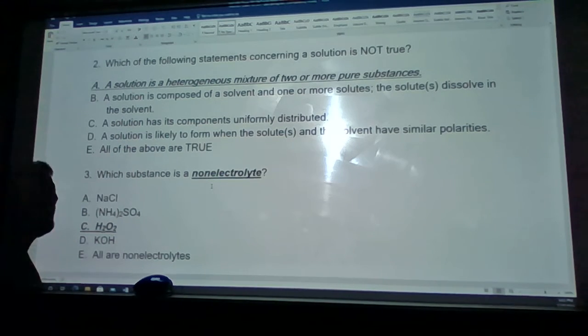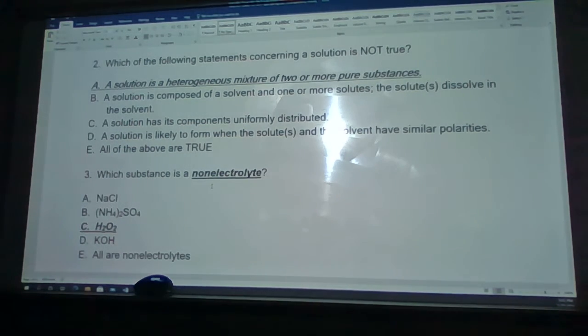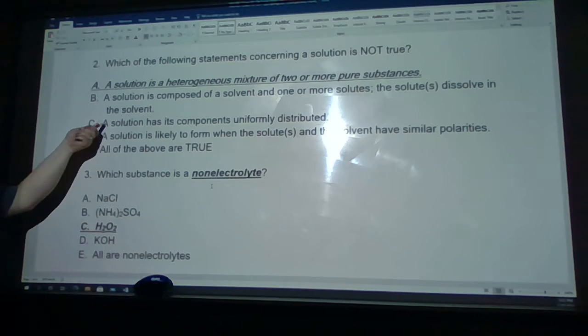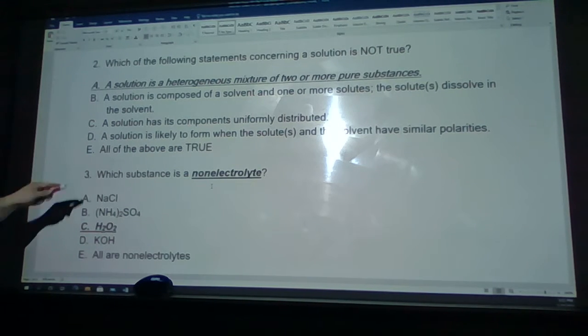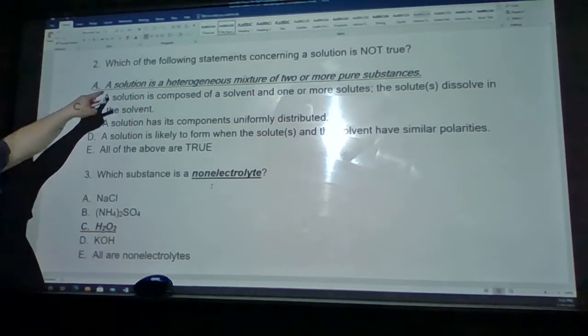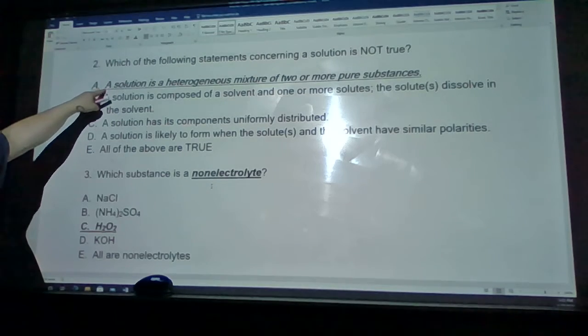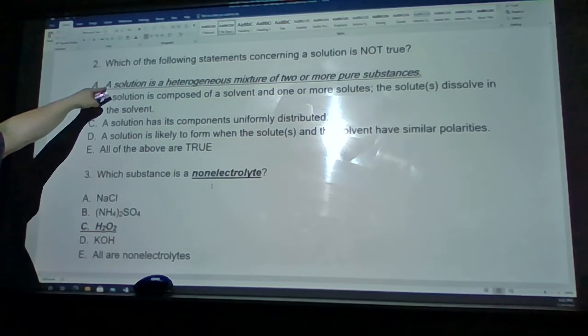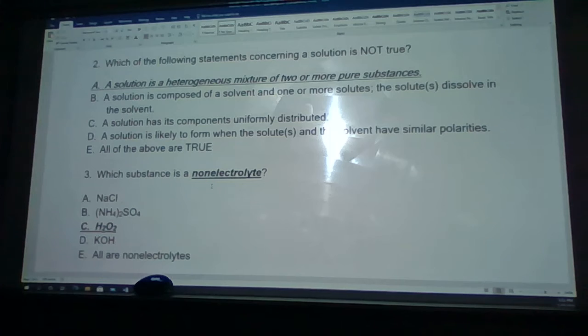That's true. Solution has components uniformly distributed. Yes, homogeneously. Solution is likely to form when the solutes and the solvents have similar polarities. That is true. So the correct answer here, which of these is not true, is A. A solution is a heterogeneous mixture. It is a homogeneous mixture.